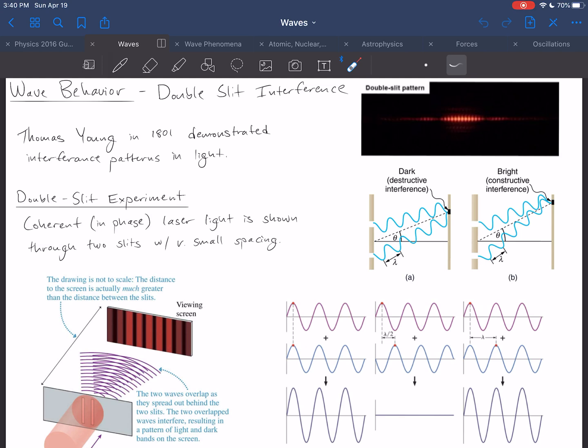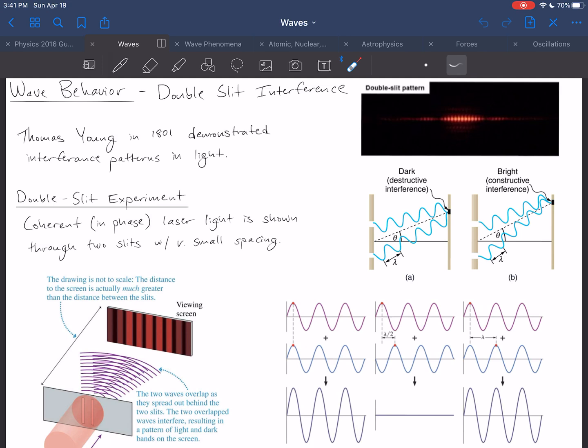It's the same distance from the top slit as it is from the bottom slit. As a result, you get a very bright central maximum. And that bright spot is right in the middle of the pattern, and you're getting perfectly constructive interference.